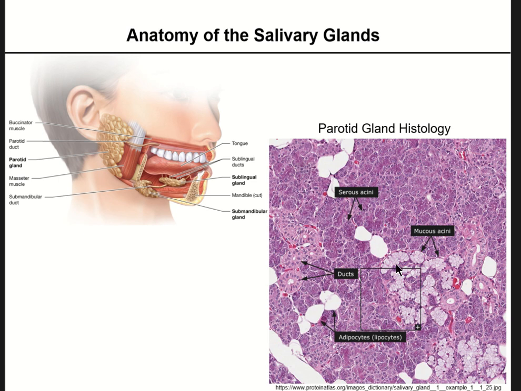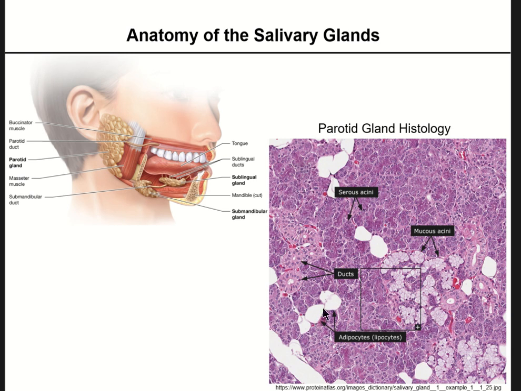Now, I will say that it may be easy to get a close-up of a salivary gland histology slide mixed with possibly a histology slide of the pancreas. So two major differences I want you to make sure that you know is one, you're really not going to see a whole lot of this in the pancreas slide.